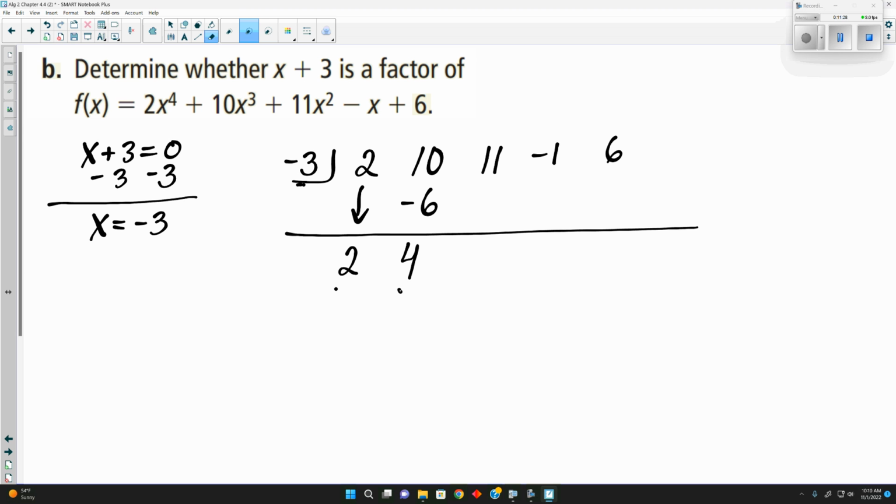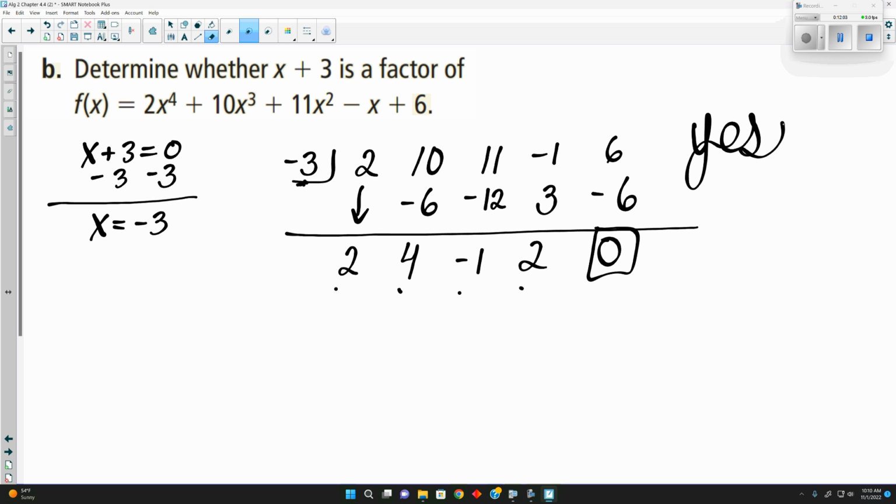Negative 3 times 4 is negative 12. 11 plus negative 12 is negative 1. Negative 3 times negative 1 is positive 3. 3 plus negative 1 is 2. And negative 3 times 2 is negative 6. And lastly, 6 plus negative 6 is 0. So is this a factor?